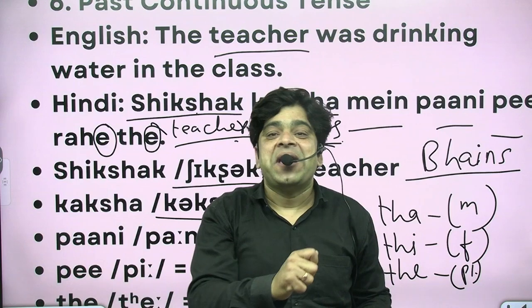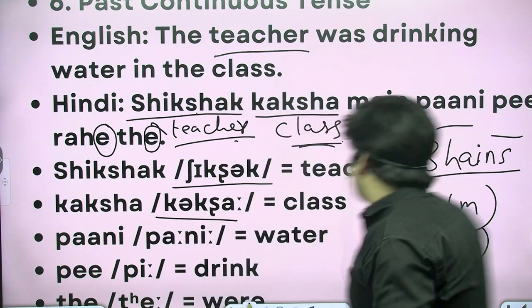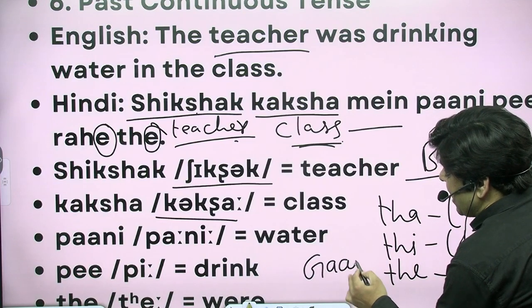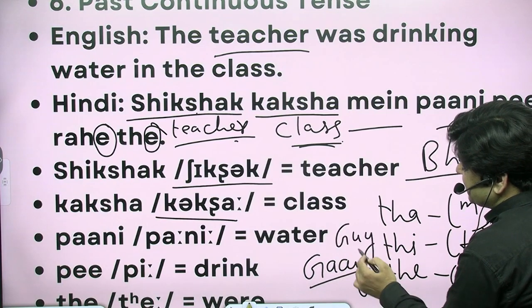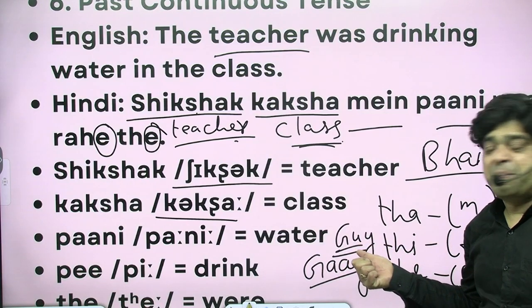If you want to talk about a cow drinking water, to cow we say guy, pronounced like guy, the word you use for persons.